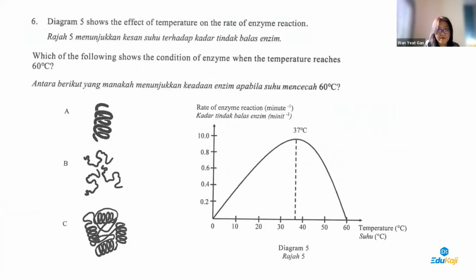The active site is also destroyed. So the answer is B. You can see the polypeptide chain of the three-dimensional shape of the enzyme has been destroyed, so it doesn't have the active site anymore. So the enzyme has denatured.